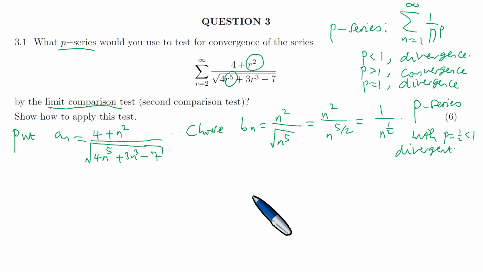But this choice is not unique because another student can even choose the number 4 here, but those numbers cannot change anything here. So we have chosen n squared, and we have chosen the square root of n to the 5th power. Right, and then we simplify like this and we get that.